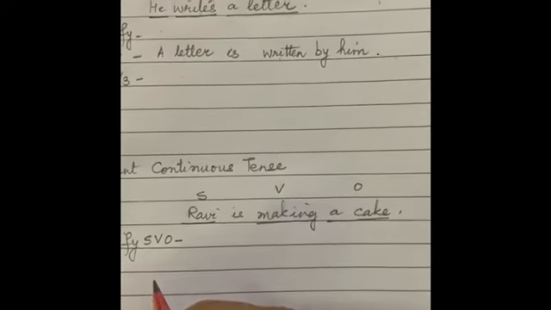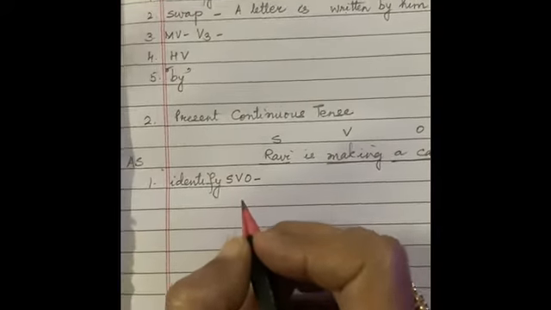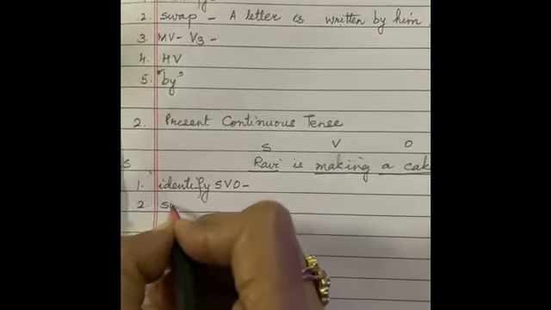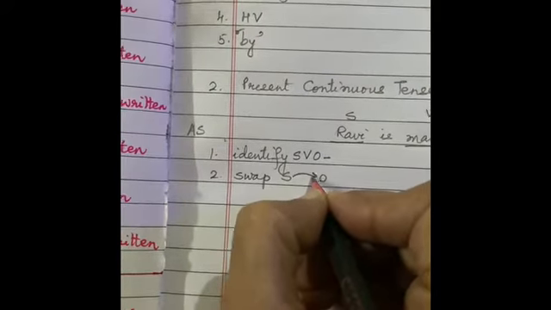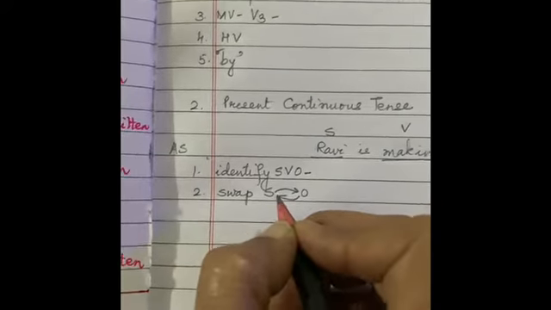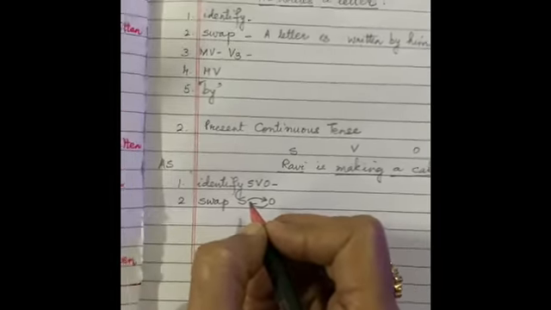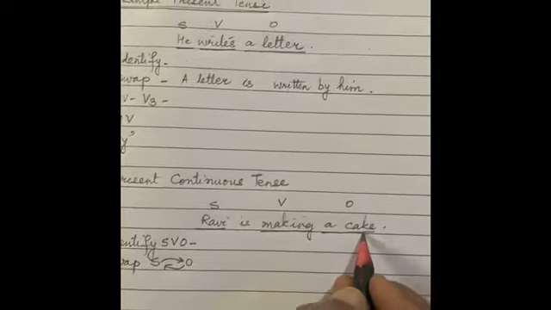Now, in step 2, we need to swap the positions of subject with object and vice versa. This is called swapping. So, we need to swap the position of subject Ravi and the object a cake.